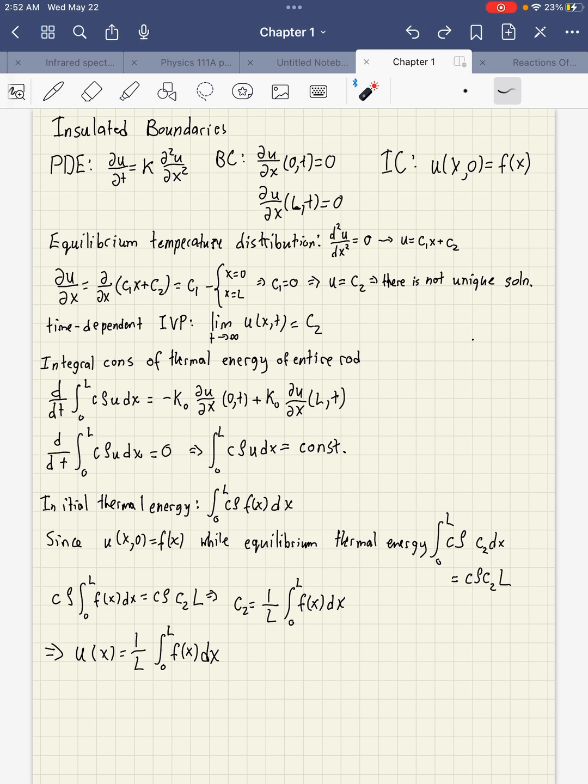So for the initial condition, we want to say it's f of x. But wait, that's at time equal to 0.